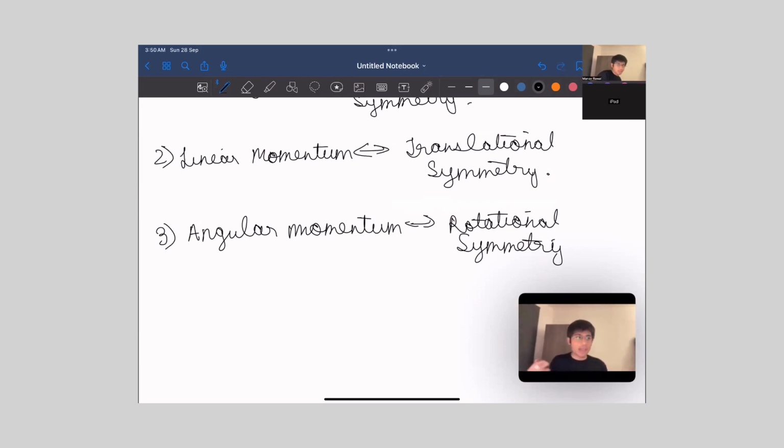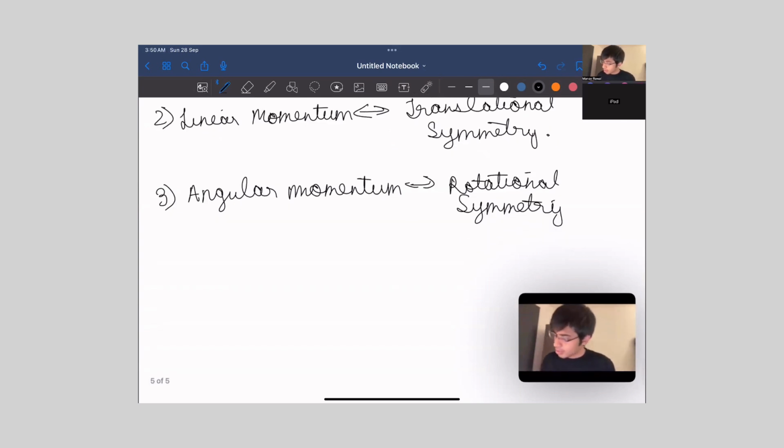I can rotate and I can get the same results. The rotational symmetry gives rise to the conservation of angular momentum. So that's the third fundamental symmetry which we talk about often in physics.